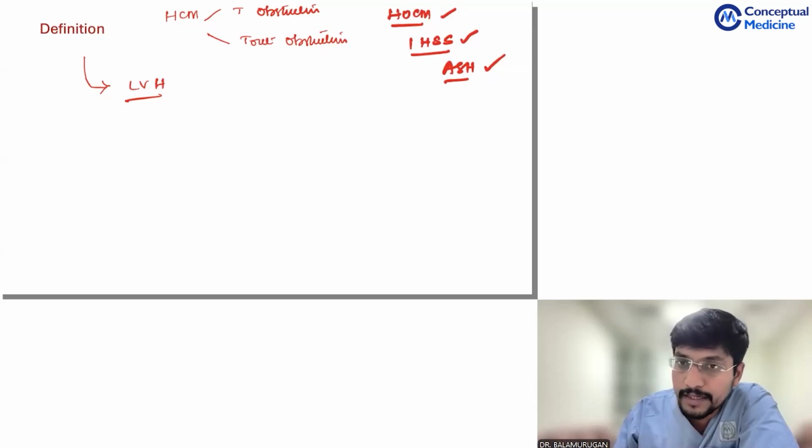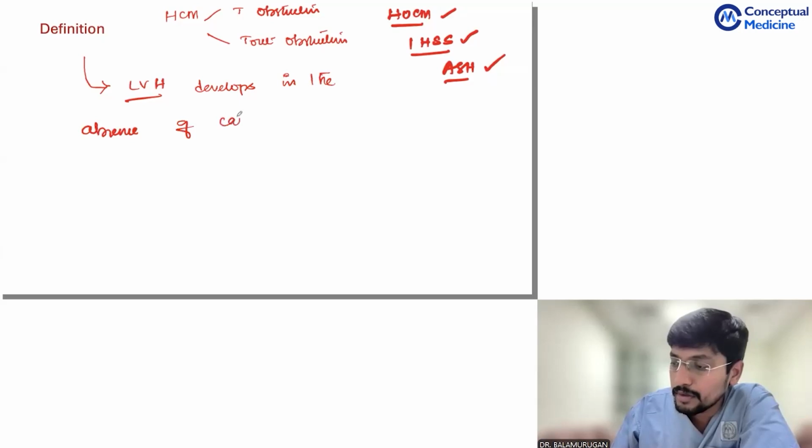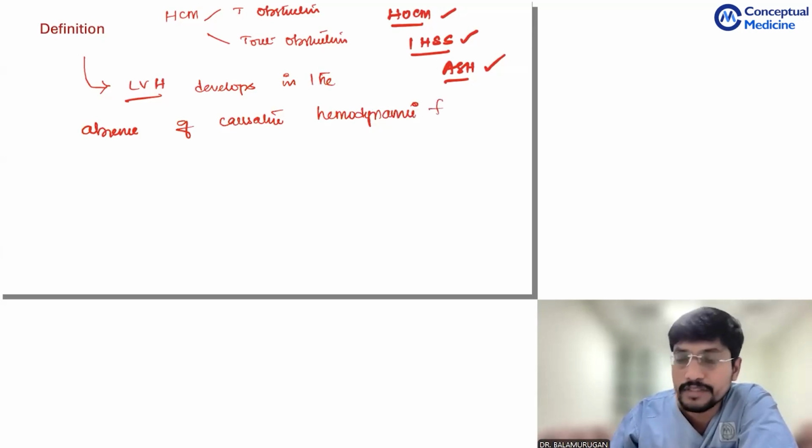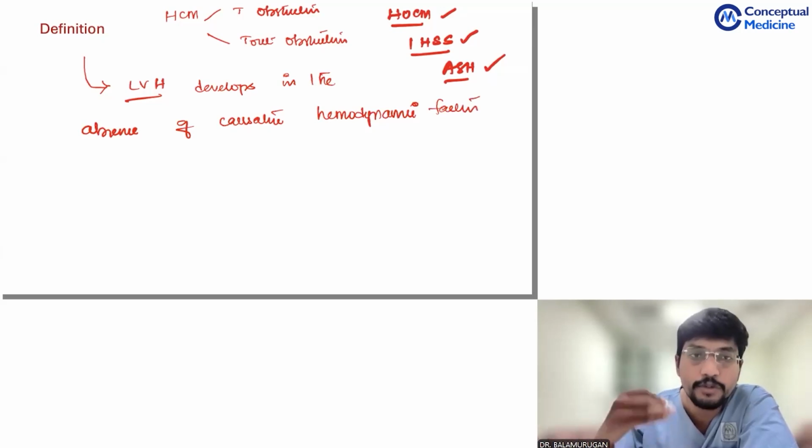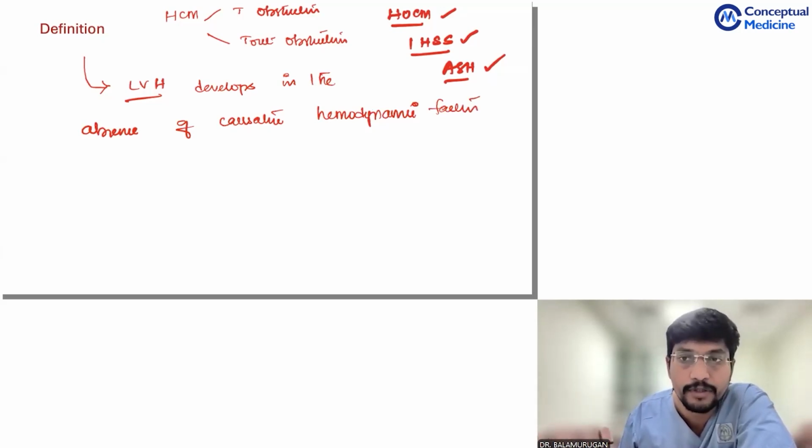So hypertrophic cardiomyopathy is defined as left ventricular hypertrophy that develops in the absence of causative hemodynamic factors. Very clearly stated. So what are the causative hemodynamic factors that usually cause left ventricular hypertrophy?